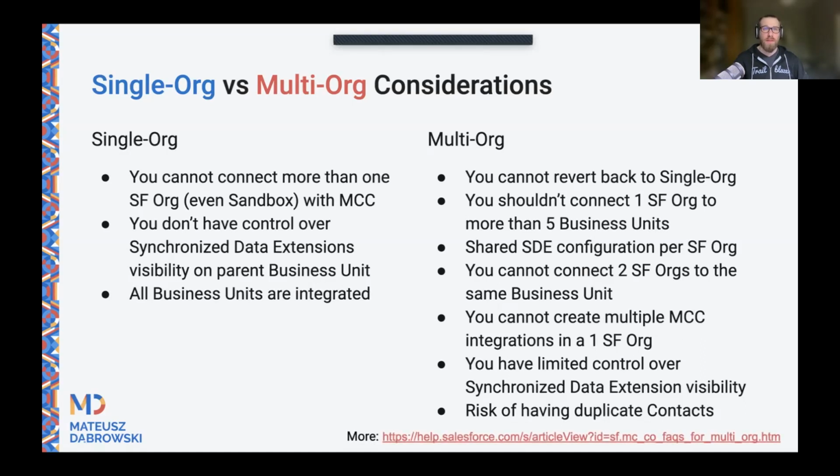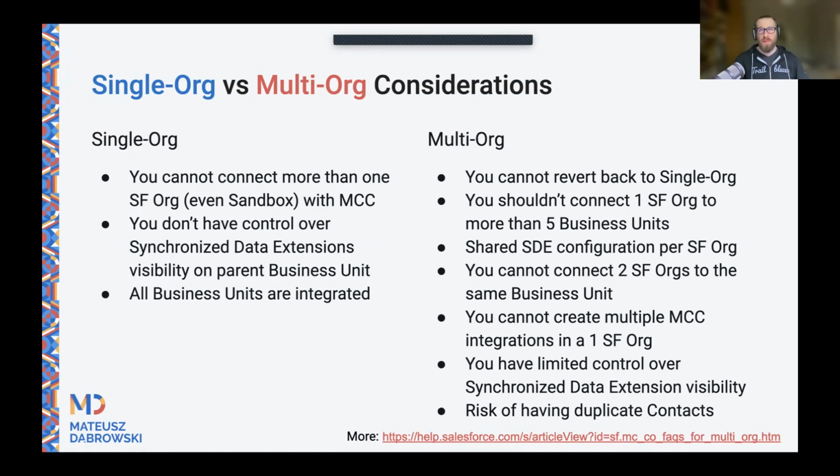Finally, there is a really nice documentation page with the FAQ on the multi-org. It's definitely a must read if you are thinking about whether to switch on the multi-org configuration or not, because there are a few more limitations of the multi-org that are a bit more specific. Like, for example, there will be no shared Salesforce data extensions.